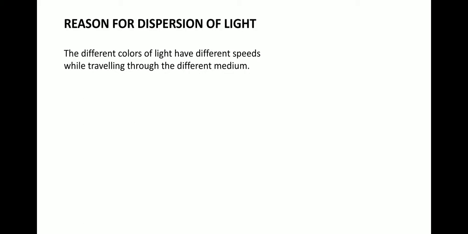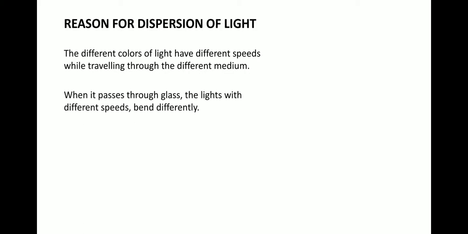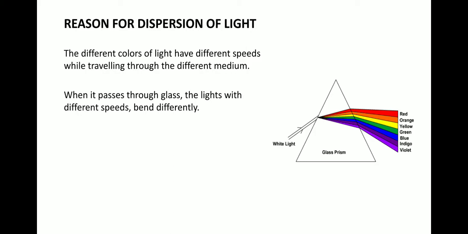When it passes through glass, the lights, with different speeds, now start bending differently. Again, in the same figure, you can see the lights are bending because they have different speeds. So the lights of the violet end, that is towards this end, the lights towards this end are called the violet end colors. They will bend more.